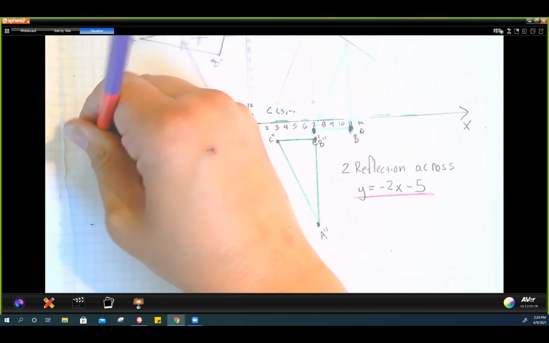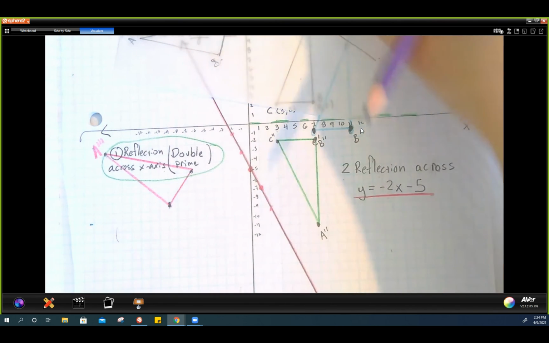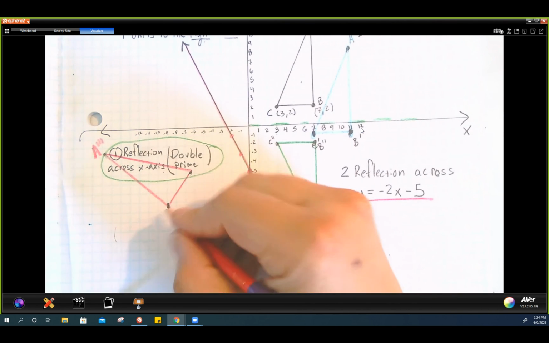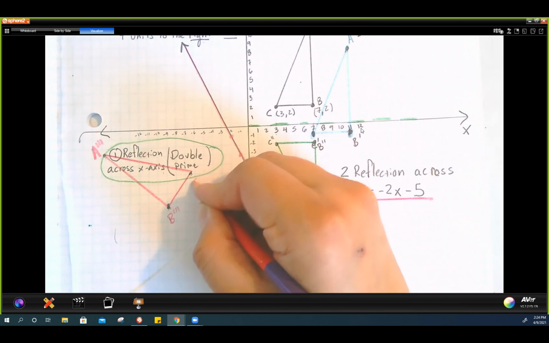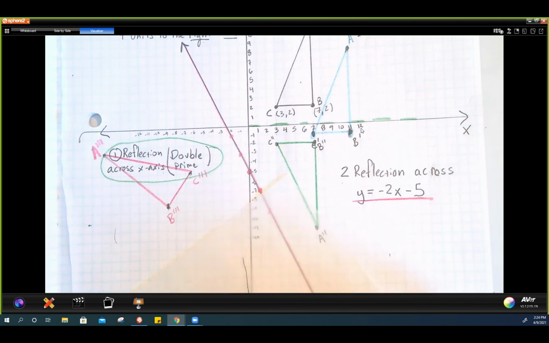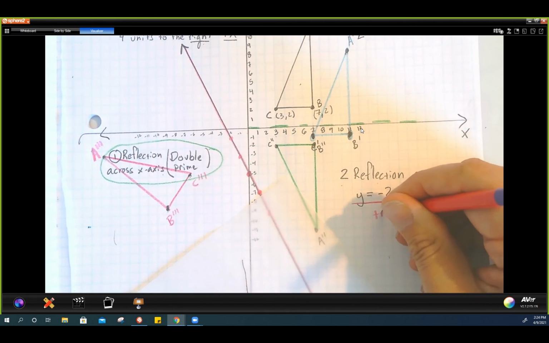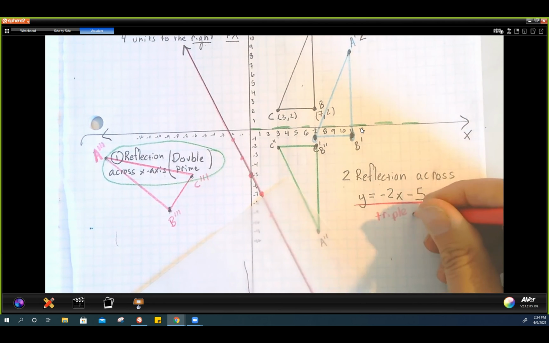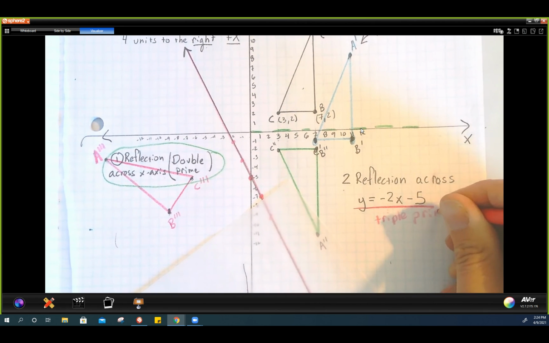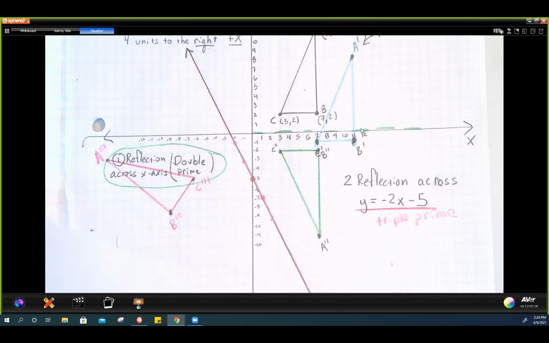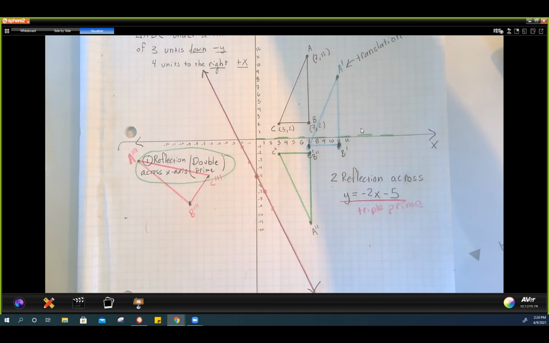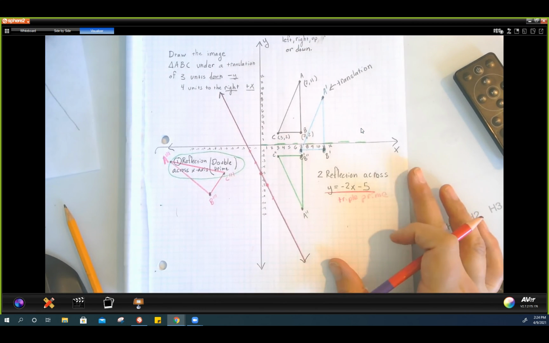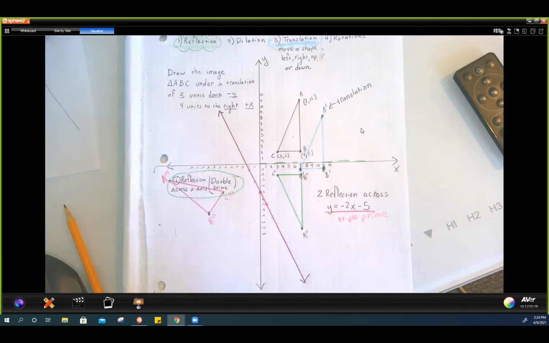And that would be A triple prime, B triple prime, and C triple prime. And that is the end of our notes for reflection and translation.